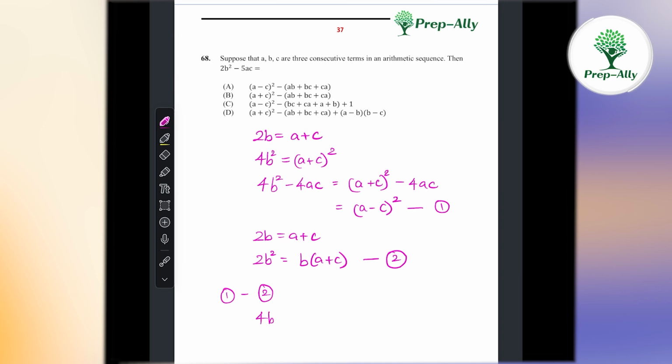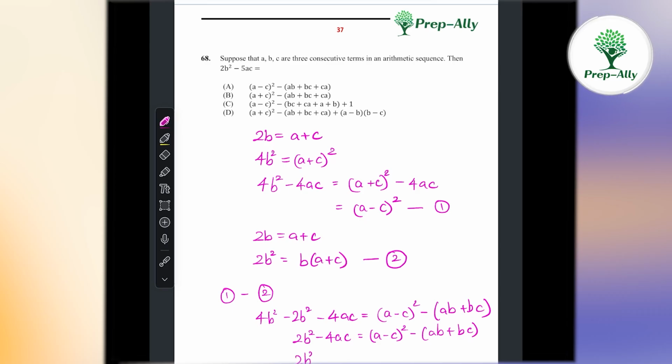We get 4b square minus 2b square minus 4ac equals a minus c the whole squared minus ab plus bc, and we have 2b squared minus 4ac equals a minus c the whole squared minus ab plus bc, and let's subtract ac both sides.